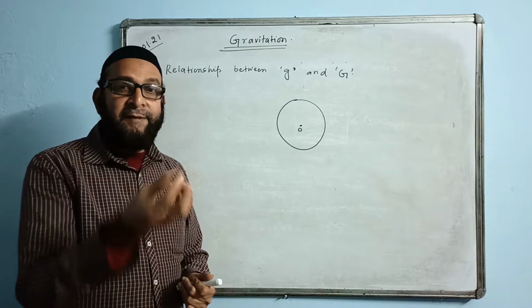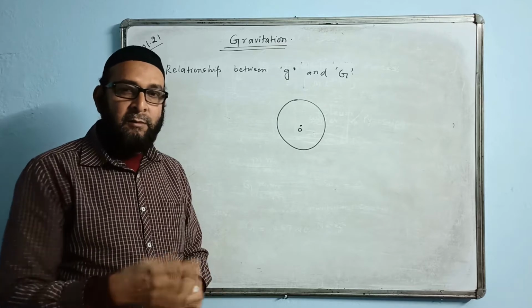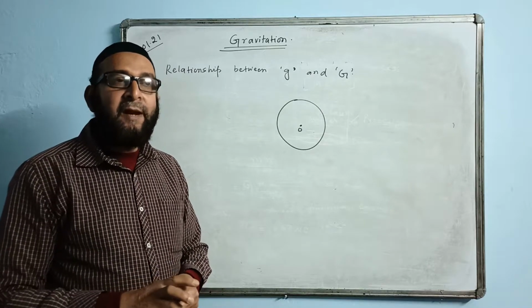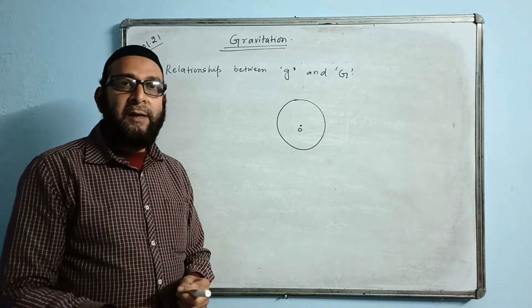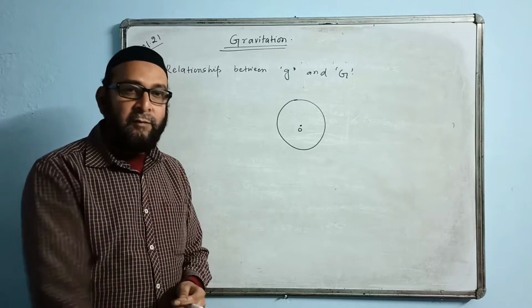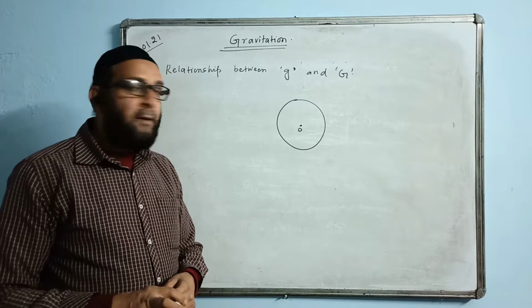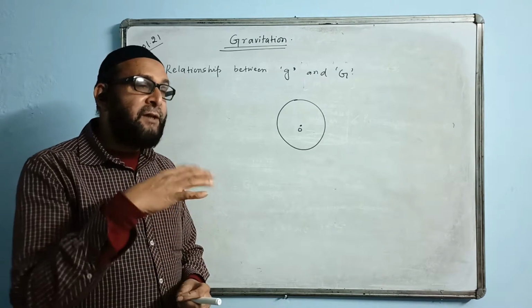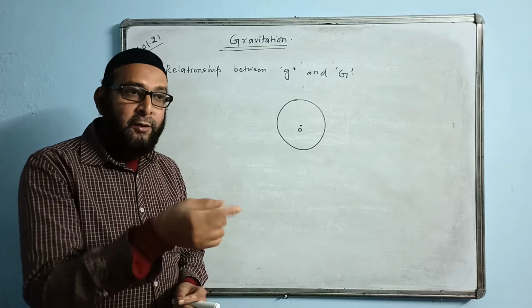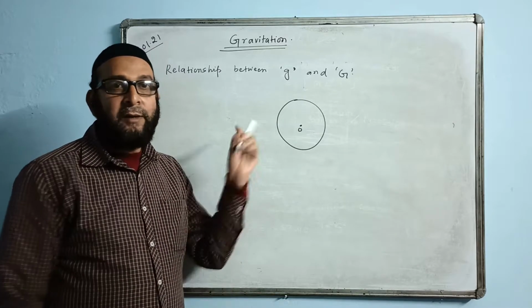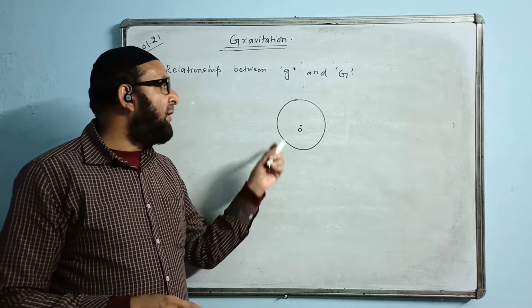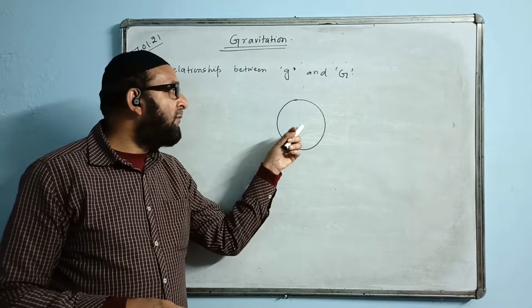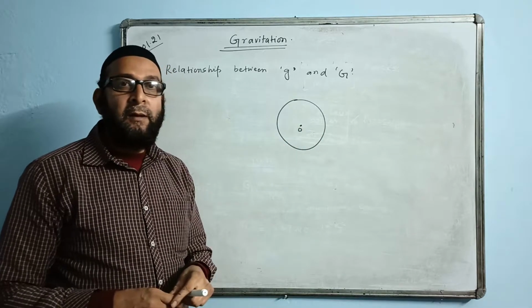Weight means the force of gravity acting on the body, and it acts towards the center of the earth, vertically downward. It is a kind of force of gravitation only. The force of gravitation on a body towards the center of the earth is called gravity.